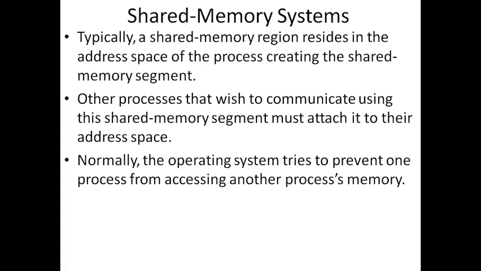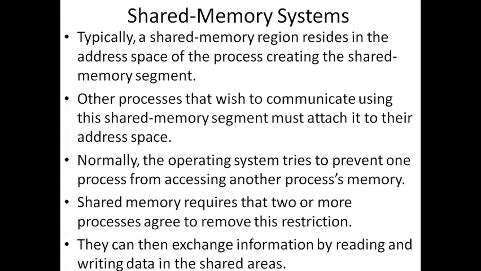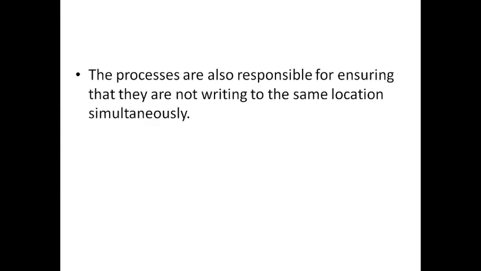But in this particular case, the operating system has to permit a process to access the address space of another process, because they have to share the address space. So the OS will give special permission for this to happen, and the shared memory can be created and shared. So they can exchange information by reading and writing data in the shared areas.